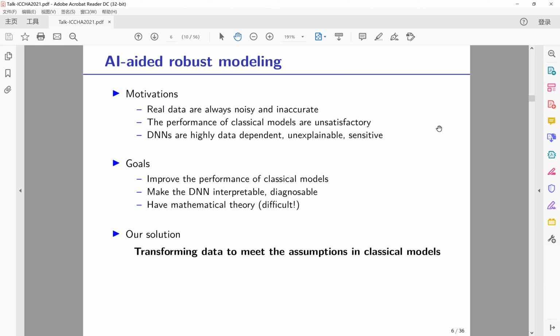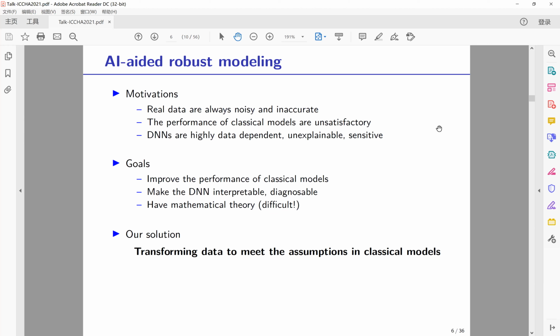So if I can apply the deep neural network to the data such that the transformed data meets the assumptions in our classical models, in my opinion, it should be good if we can directly apply this classical model to the transformed data. Because in our classical approaches, we have some good theory, such as optimality conditions and explainable conditions when we deal with these problems.